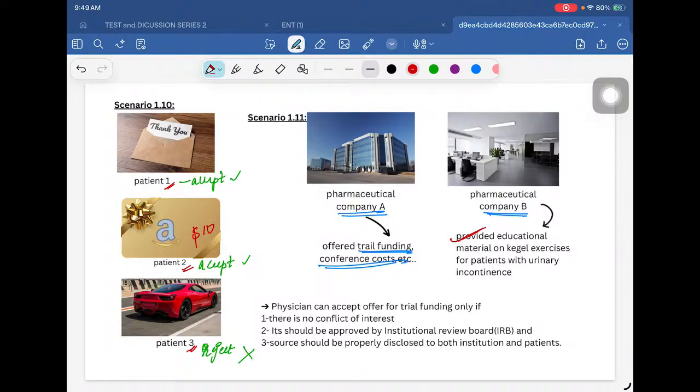Now, which pharmaceutical company's offer are you going to accept as a doctor?